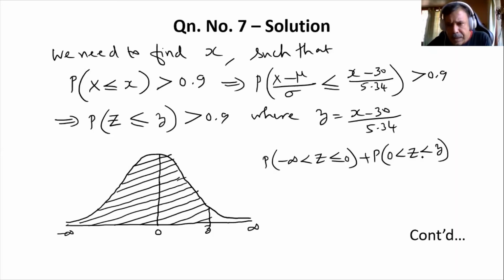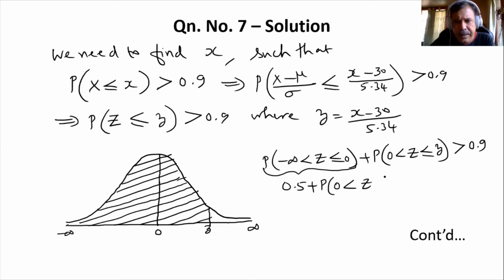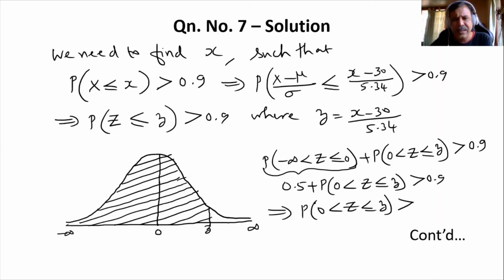This should exceed 0.9. We know the value of this probability is 0.5 plus probability of 0 less than Z less than or equal to small z. This should be larger than 0.9, or probability of 0 less than Z less than or equal to small z should be larger than, take this 0.5 from the left side to the right side, it will become negative on the right side. So 0.9 minus 0.5 will become 0.4.